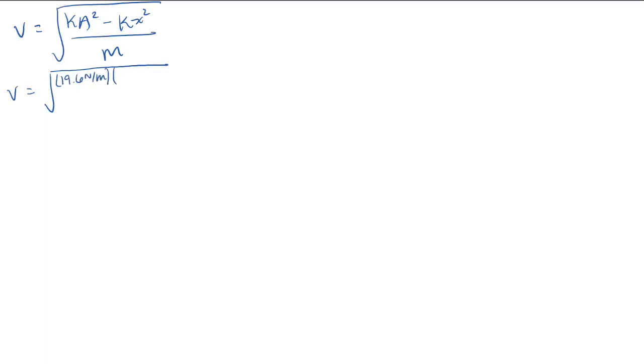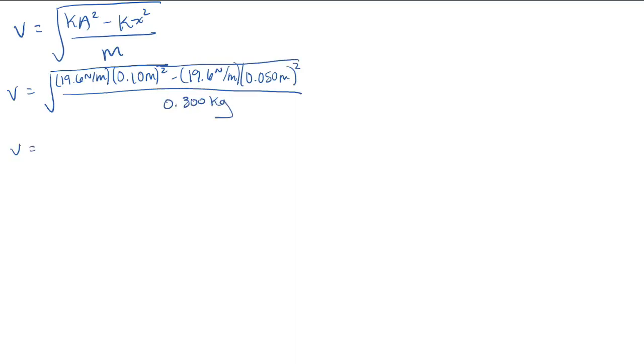I'm definitely running out of room here, so I'm going to go over here. So again, this is what we had, and I'm going to plug in those numbers. When I do that, I get a velocity of 0.700 meters per second.